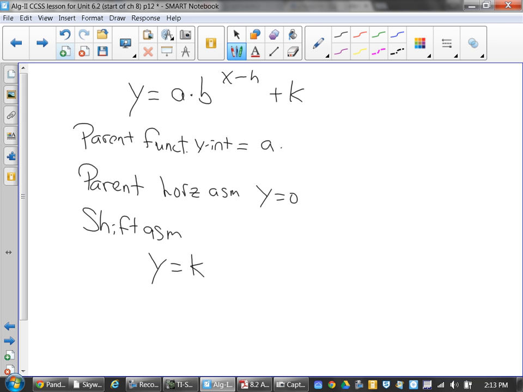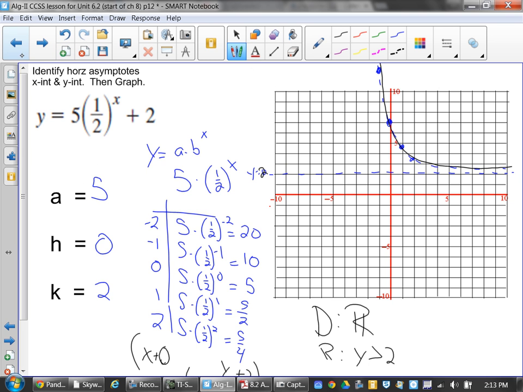All real. The range was always bounded by k, wasn't it? Now, depending upon the a value, you could decide which way the range was going. Did you notice that? Look at this problem. What's your a value? 5.